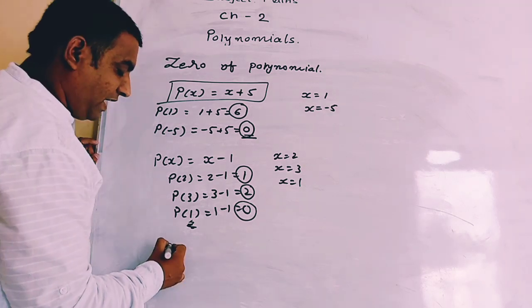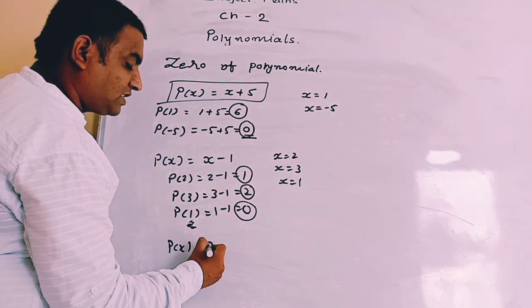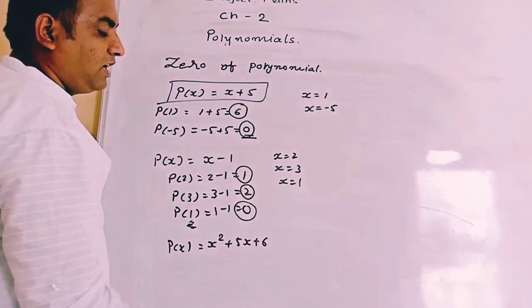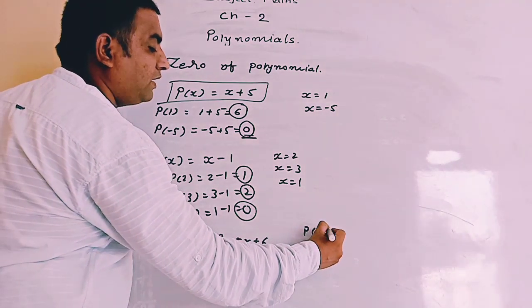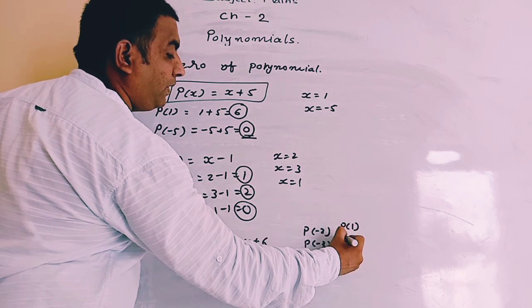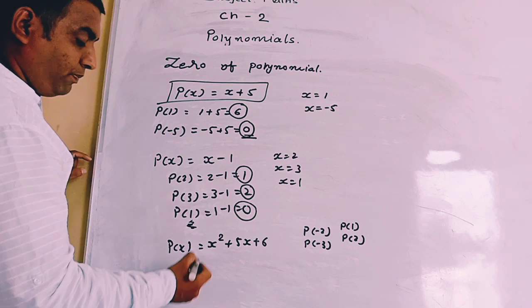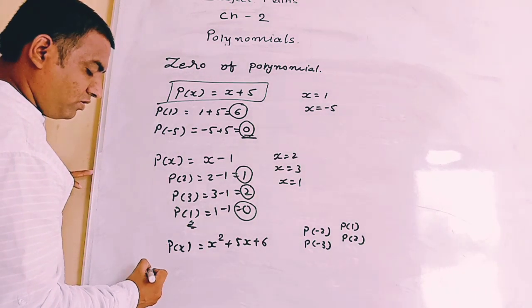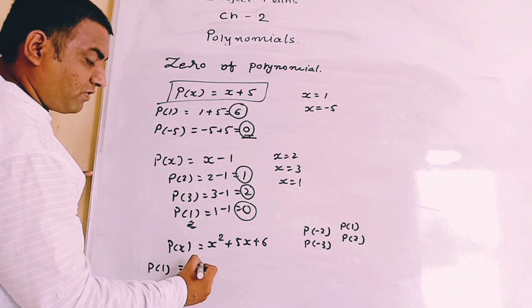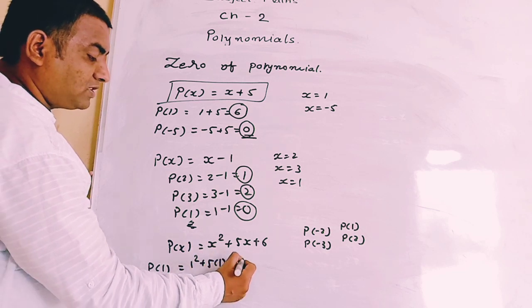Suppose we take p(x) equals x square plus 5x plus 6. Now here we find p(minus 2), p(minus 3), p(1) and p(2). Then p(1) means x equals 1, then 1 square plus 5 into 1 plus 6.